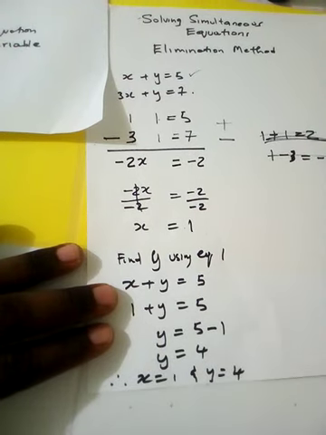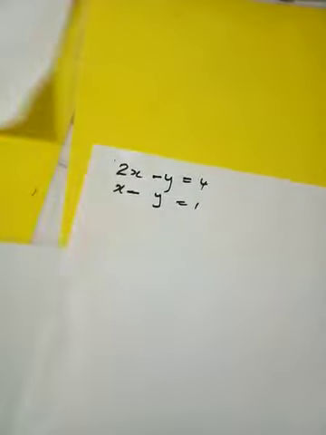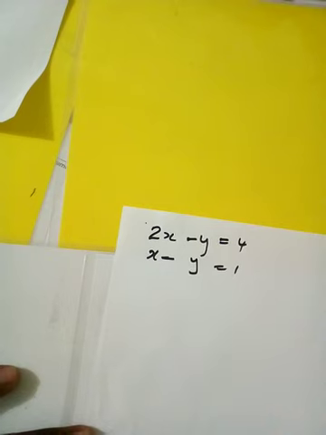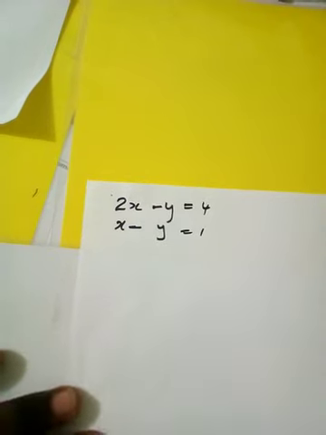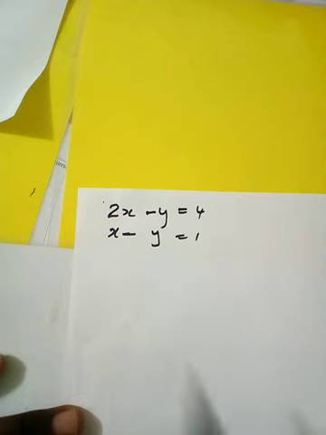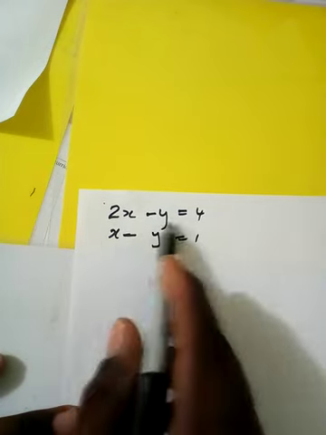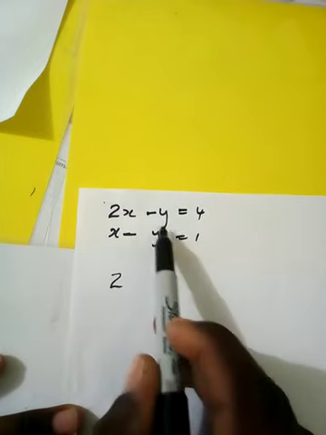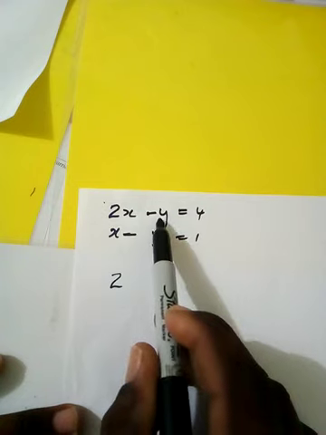Okay. All right, let's try another one. Important to know is that not all the time are we going to get the variables the same. So we're going to try a negative one now. The first step: pick out the coefficients. The coefficient of the first equation, positive 2. But what is the coefficient of this y value?